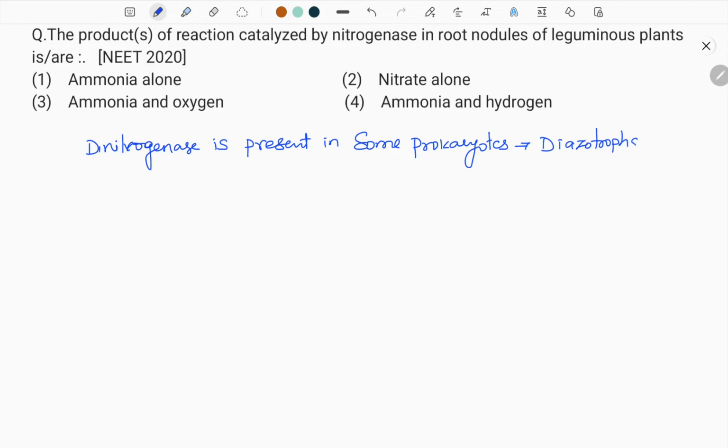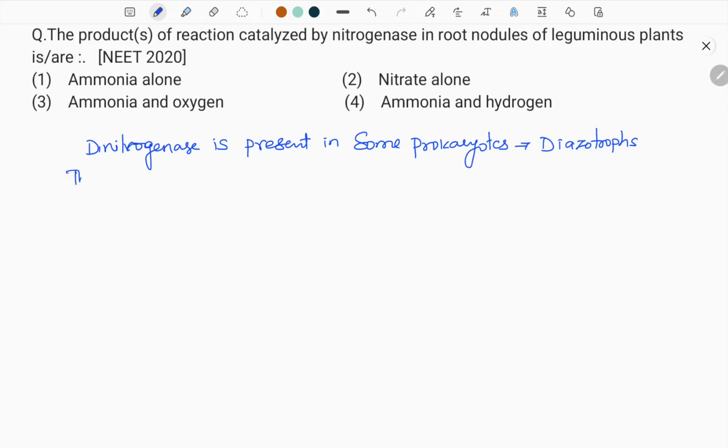The question arises here: is the enzyme dinitrogenase of the plant or bacteria? This dinitrogenase belongs exclusively to bacteria only, because the evidence says that the nitrogen fixing genes, the genes encoding the dinitrogenase enzyme, are present with bacteria only.